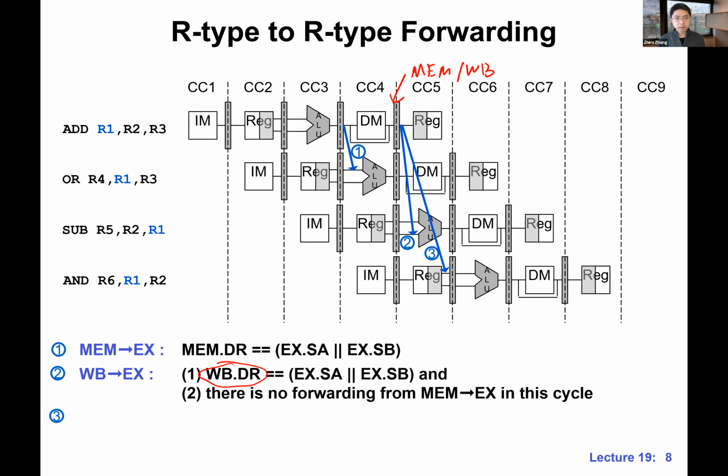Amanda is asking, where is EX stored? What do you guys think? Where is this information stored? EX.SA, which pipeline register? Oh, here, right? Sorry. Oh, here. ID/EX.